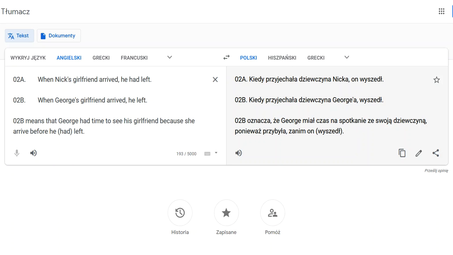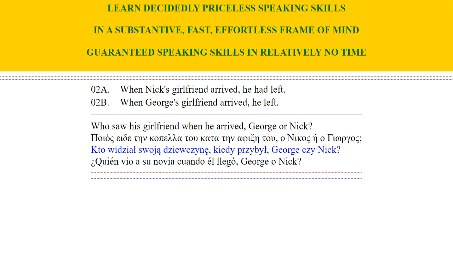Both are correct. Okay? And that's why the correct answer is 2b. Who saw his girlfriend when she arrived? George or Nick? Well, George saw his girlfriend when she arrived. Okay?